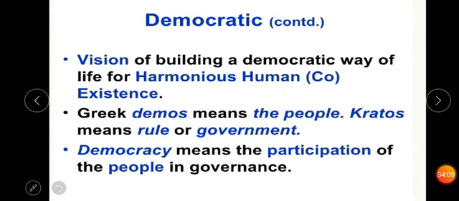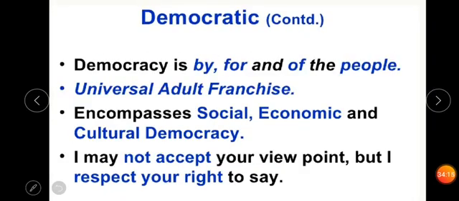So democracy means the participation of the people in the government. Governance is driven by the representatives elected by the people. It encompasses social, economic and cultural democracy, that is also a part of democracy. I may not accept your viewpoint, but I respect your right to say it.